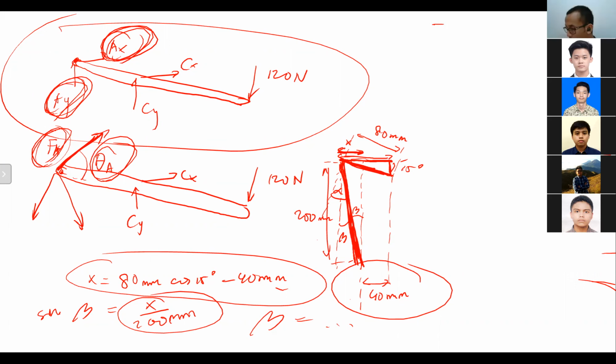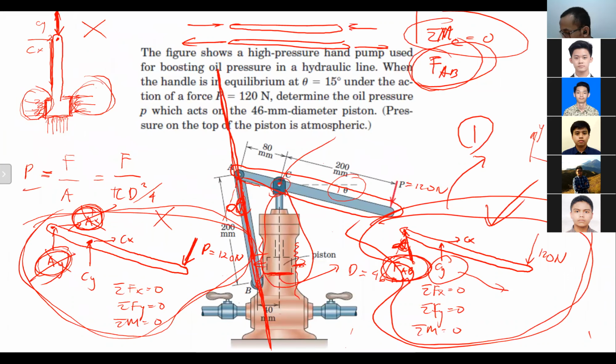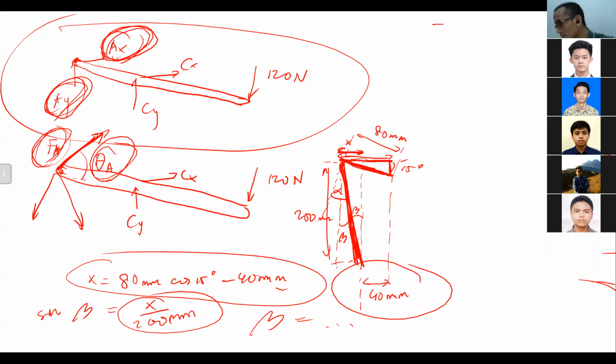Because all the distances there are in the alignment of AC. That's why I want to find alpha instead of beta. But actually, it's just the same. After you find beta, you can solve for alpha by beta plus 15 degrees.